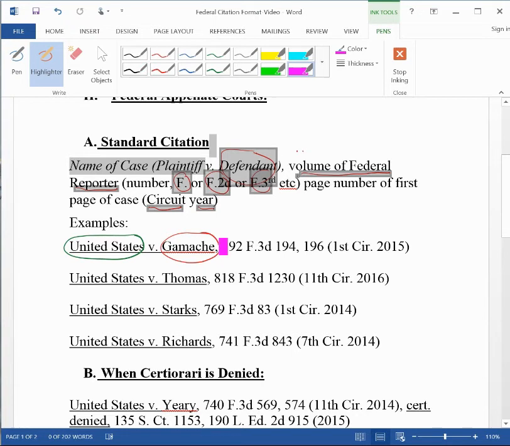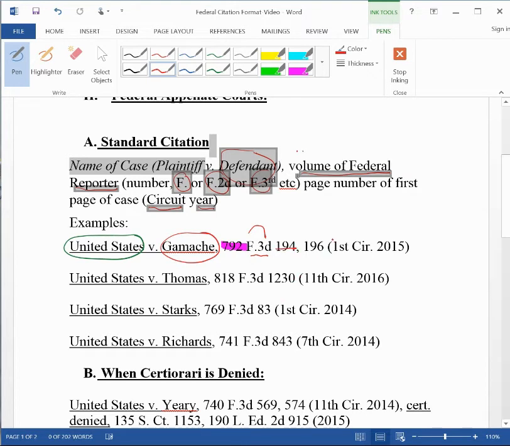The volume is 792. And the reporter is the Federal Reporter. In this case, because these are fairly recent cases, that's the F period third. And notice that there's no space between the F and the third. There is a period. The first page number is 194.